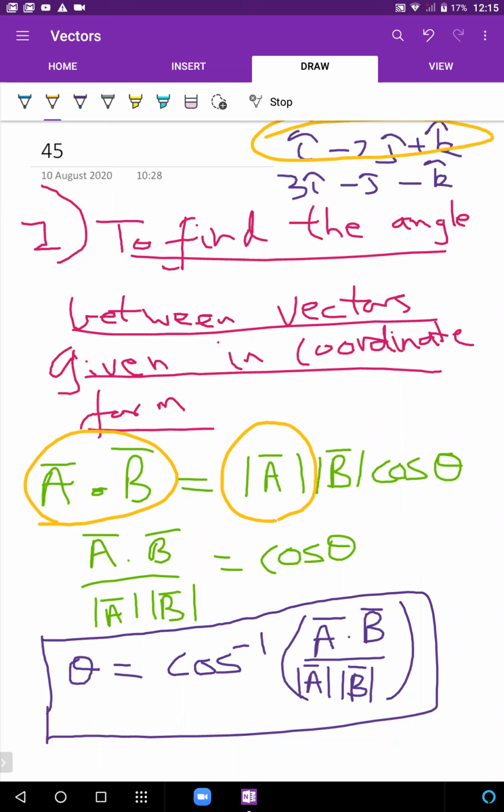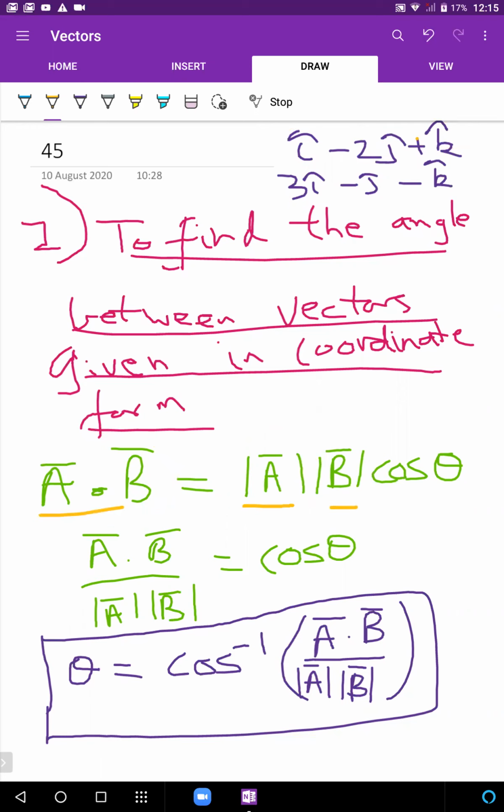Yes, the Pythagoras theorem gives the magnitude. Is it easy to find the magnitude of this vector? Again, the same thing, Pythagoras theorem. So when you look at this formula, it's easy to find these three terms given vectors in coordinate form. You can do it almost orally. And if you can find these three, then we can use them to find this, right?